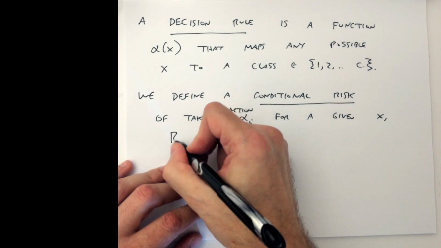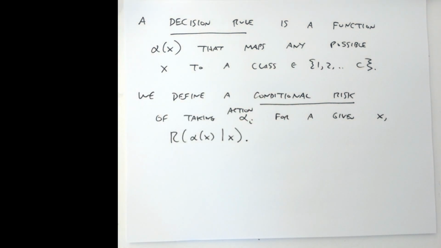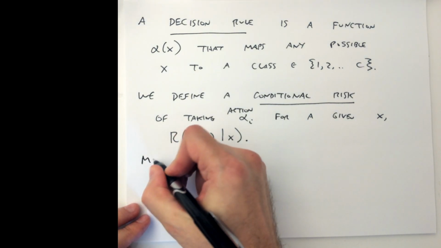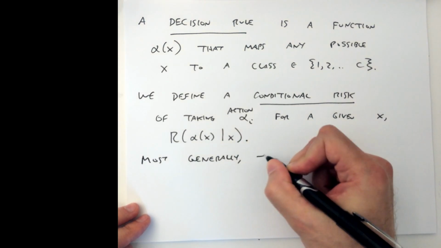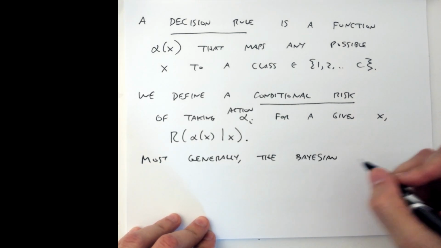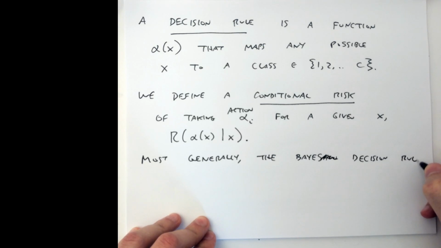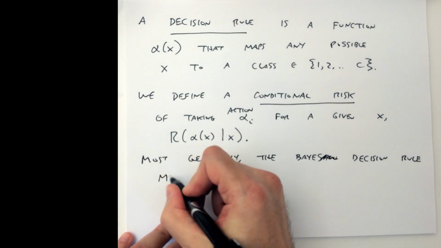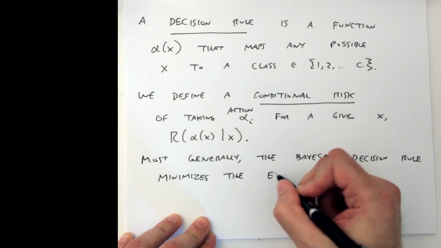Let's call that the risk. And what we want to do in the Bayes world, the most general version of the Bayes decision rule, is that the Bayes decision rule minimizes the expected risk.